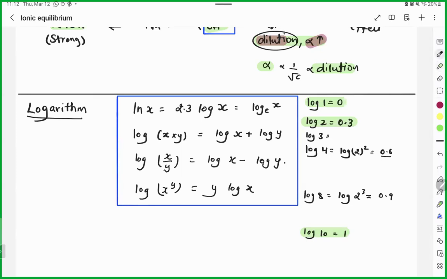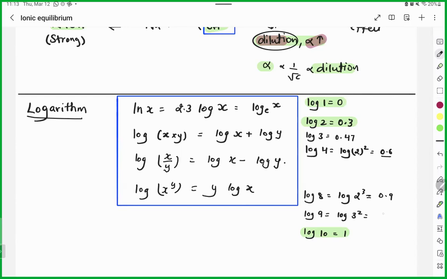Okay, these are important. Example log 3. It should be between log 2 and log 4, like nearby. So it is like log 4.7, very close to 0.47. Average of log 2 and log 4 is about 0.45. So according to this, Pratigya, what should be log 9?